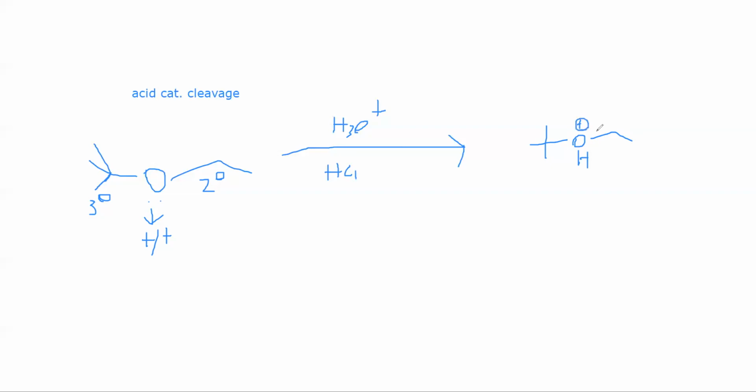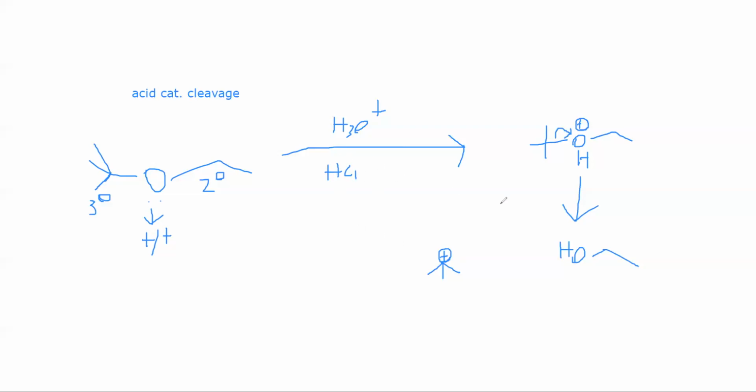This can be a leaving group now. And because we have one tertiary and one secondary spot, this is going to end up following an SN1 kind of mechanism, because one of the spots favors SN1 while the other one doesn't really have a preference. So it's going to form this alcohol, and then we get this cation.